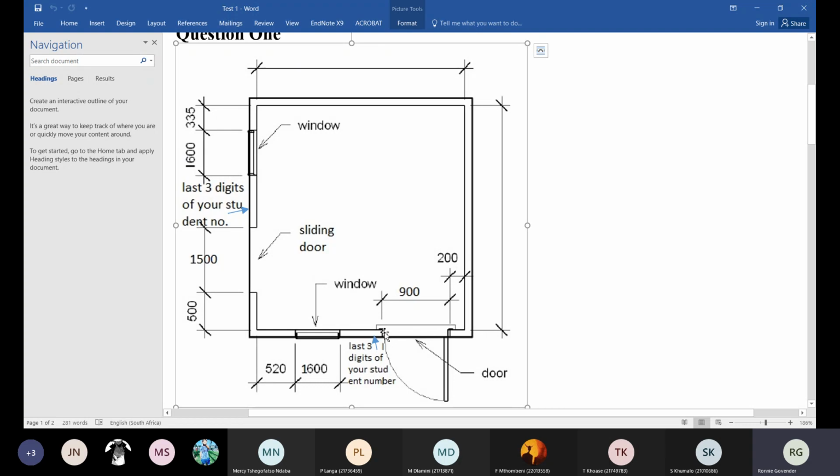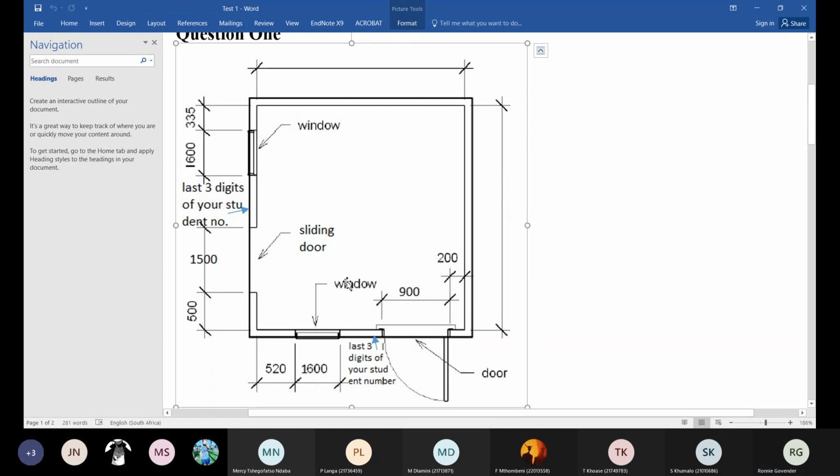And for here, you're going to need 2.1, because it's 1500 plus 300 plus 300, so 2 by 2.1. Now that came to 16 meters exactly, right? And all of you should have had the same answer, because that didn't affect your dimensions or anything. That came to 16 meters exactly.